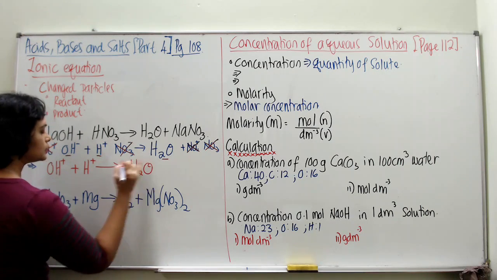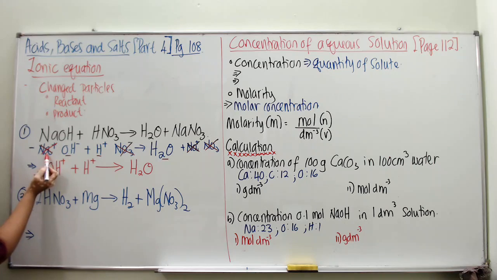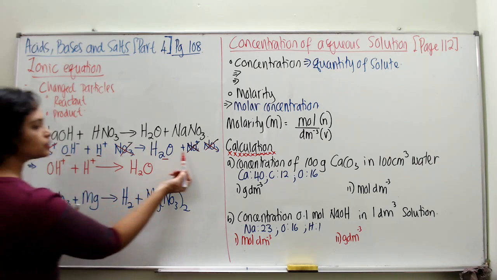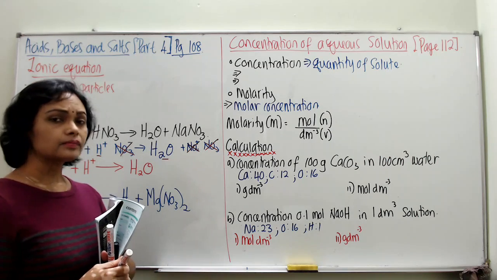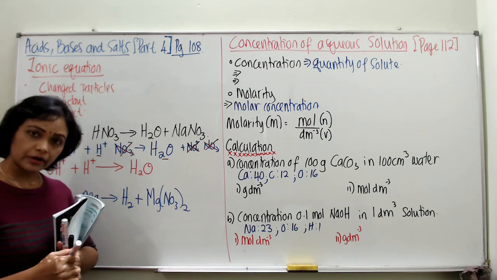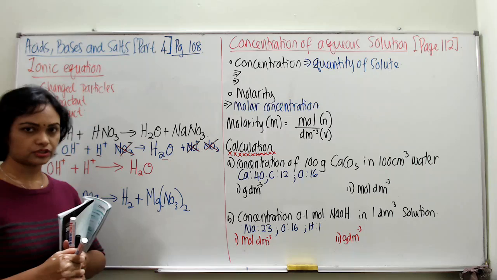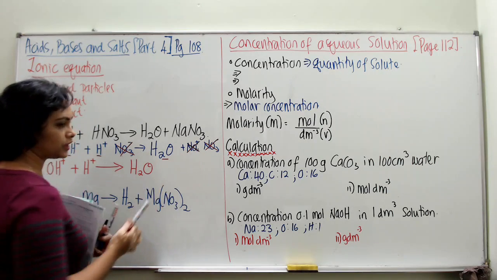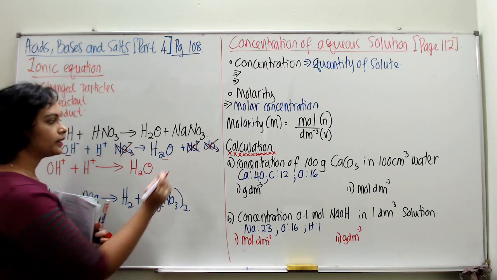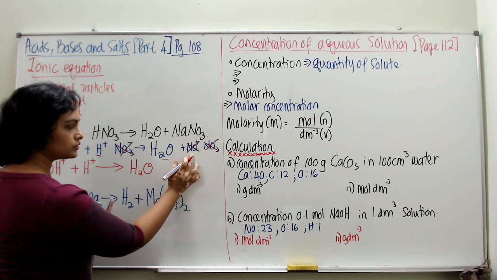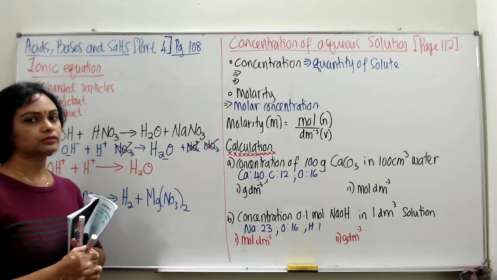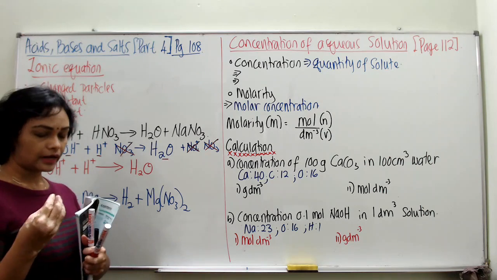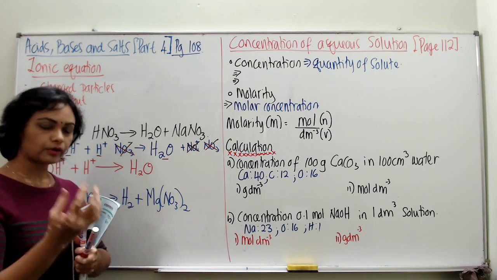Please remember, sodium and nitrate ion, even though they have combined with each other in the product, are still in the form of ion. Their ion did not change. Can you see the ion on top did not change? So that's the reason why sodium and nitrate ion are cancelled out as a consideration for ionic equation.